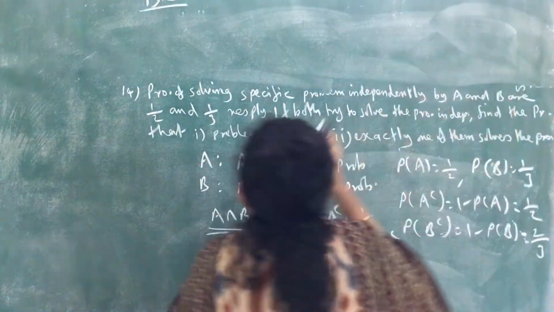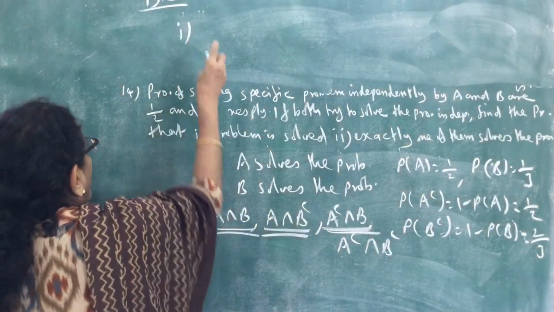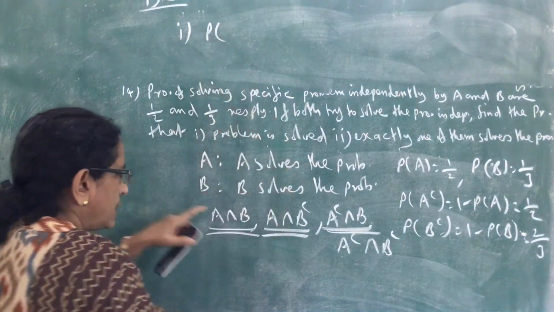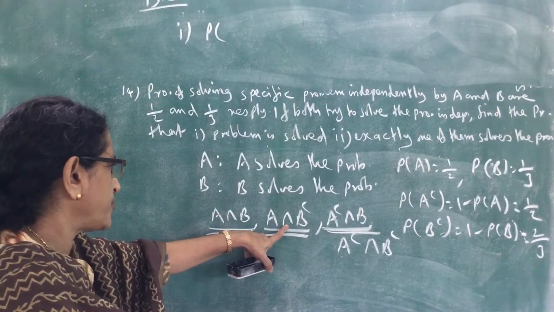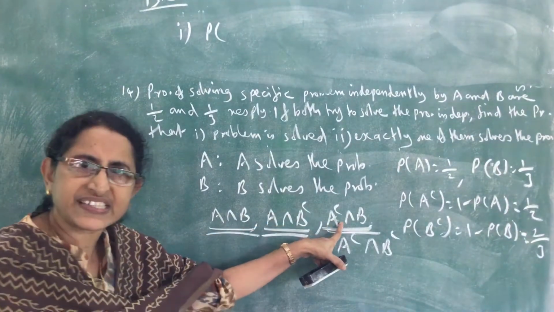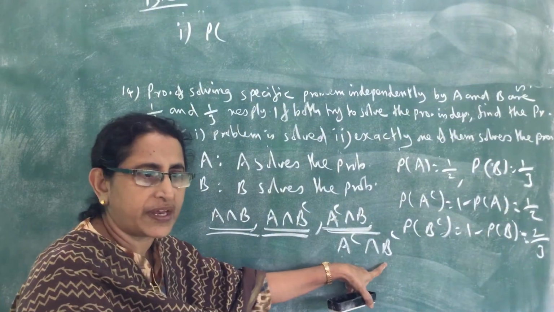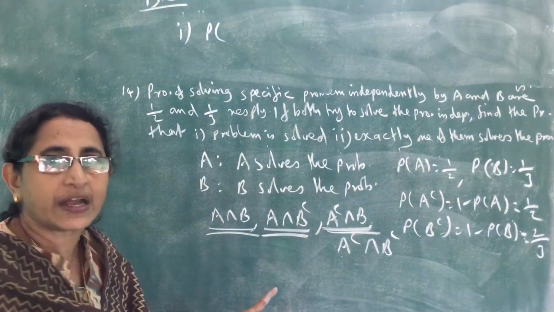So the probability that the problem is solved is equal to probability of this plus probability of this plus probability of this. That is equal to 1 minus probability of A complement intersection B complement, because the sum of all the probabilities is equal to 1.